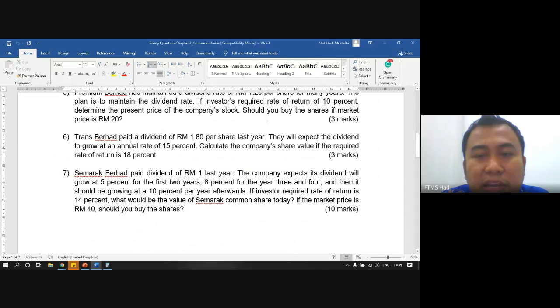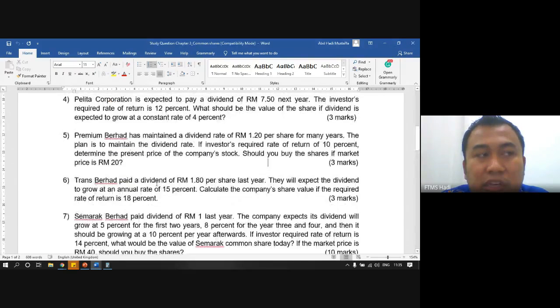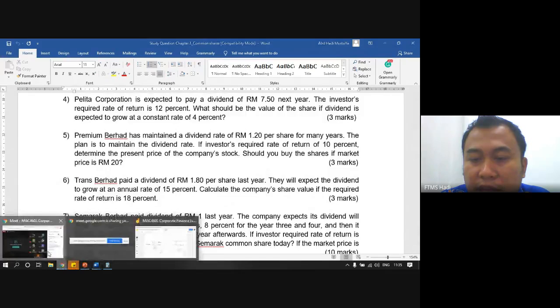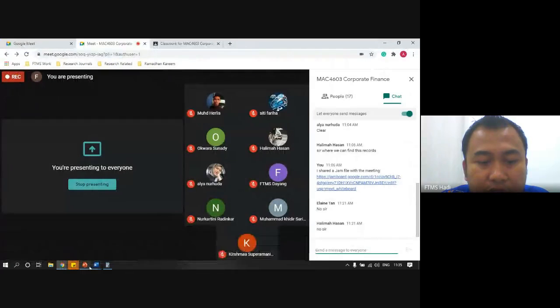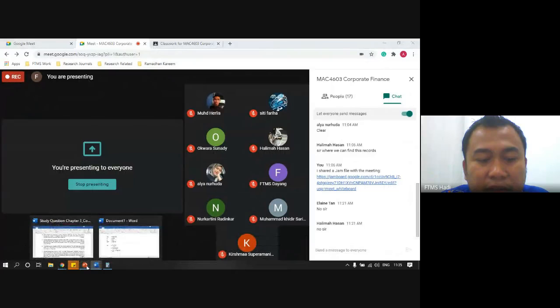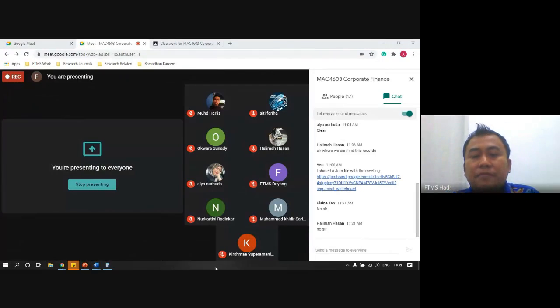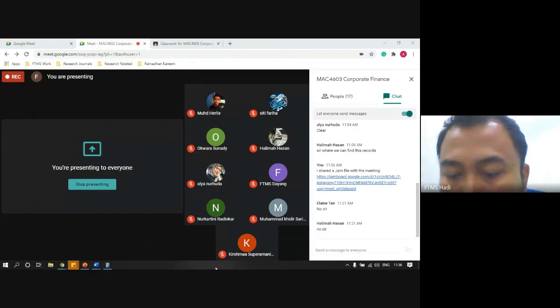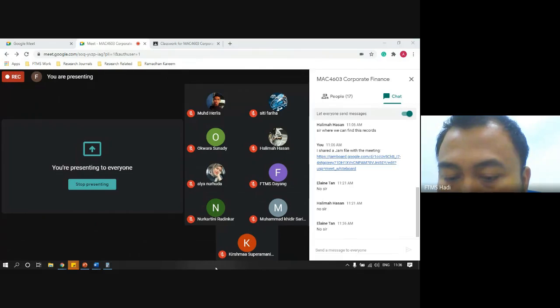If there is a D1 like this, you should use the D1 formula. Any questions so far for the second model? Later on I will talk about the decision of buying and selling. Any questions so far? How about the others?